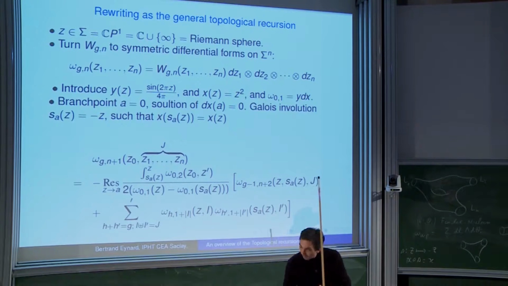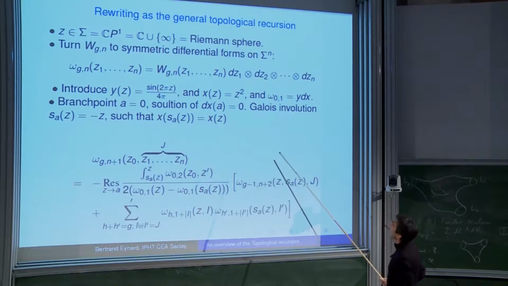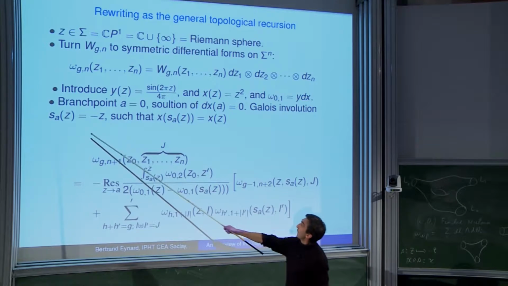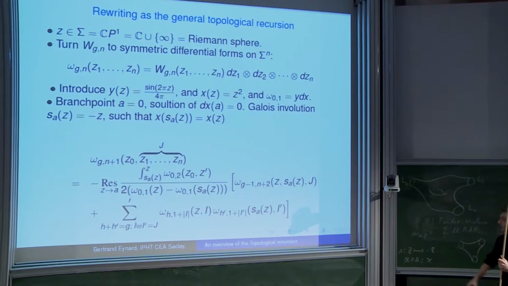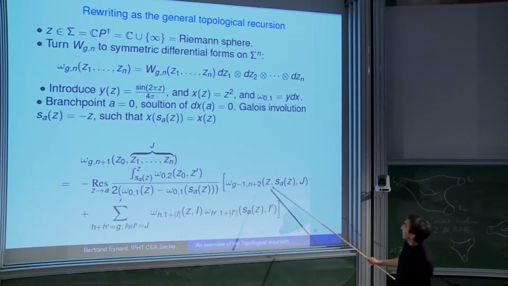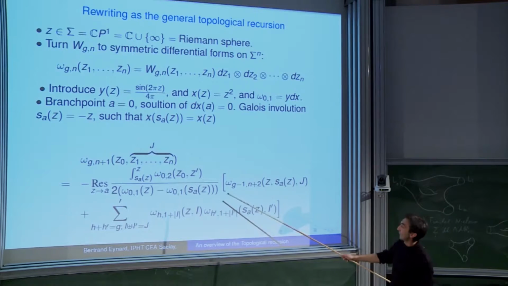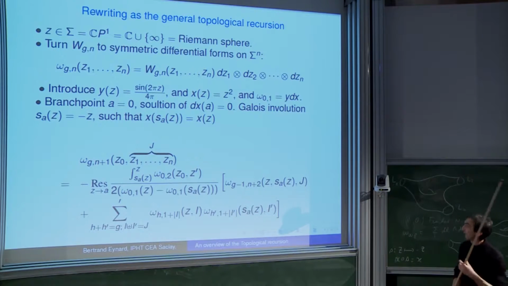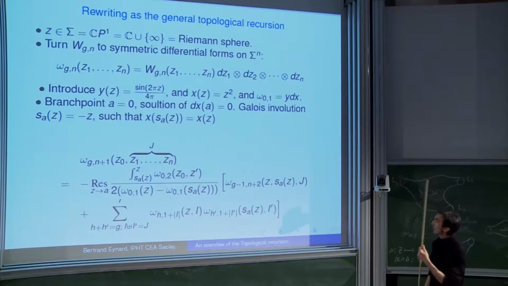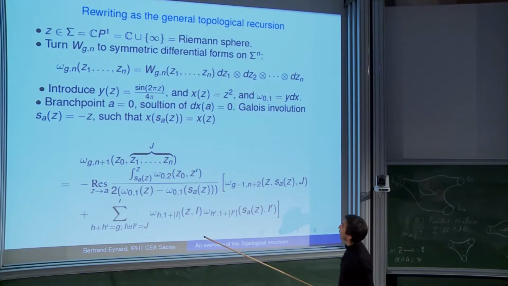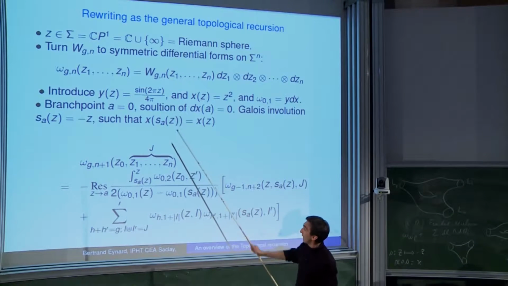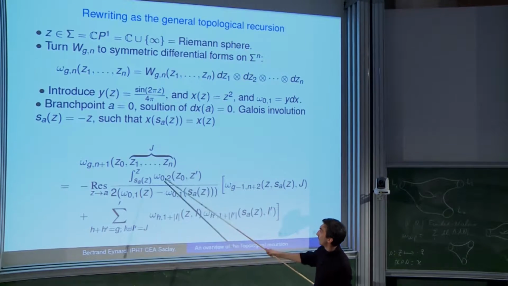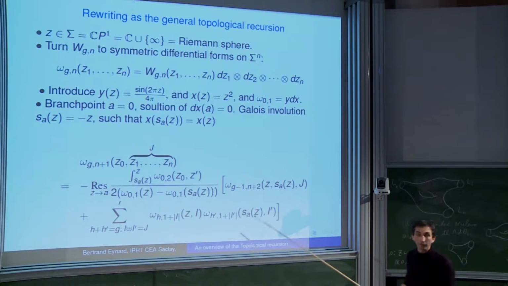And so the last remark is, as I said, this map S of z equals minus z, so let's replace everywhere the minus z by this S of z. And now we get the general topological recursion. So the general topological recursion would mean choose a function x, choose a function y, choose an omega 0,2, and apply the same formula now.